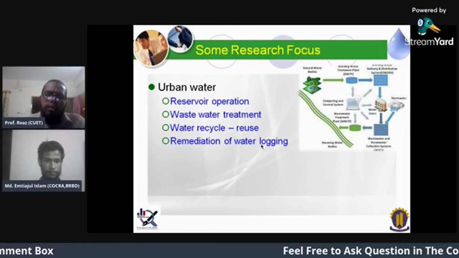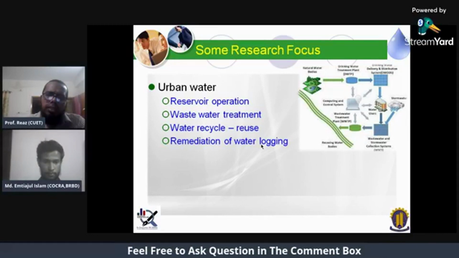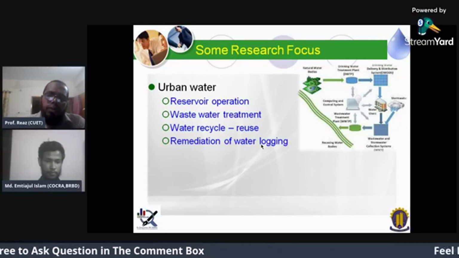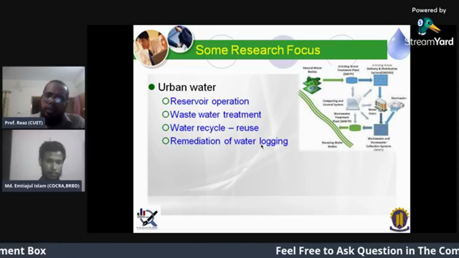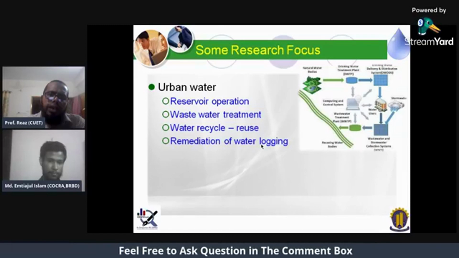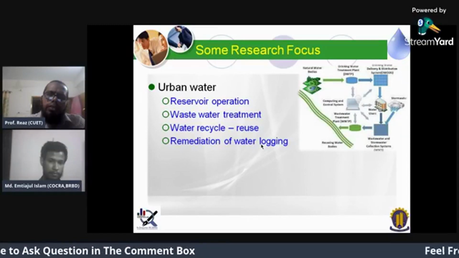If I can say, many developed countries are under flooding nowadays. In Germany, we saw in the last few days, in Japan also, and in Bangladesh, almost every city got flooded with rain. So urban drainage and urban hydrology is a very important area of research.